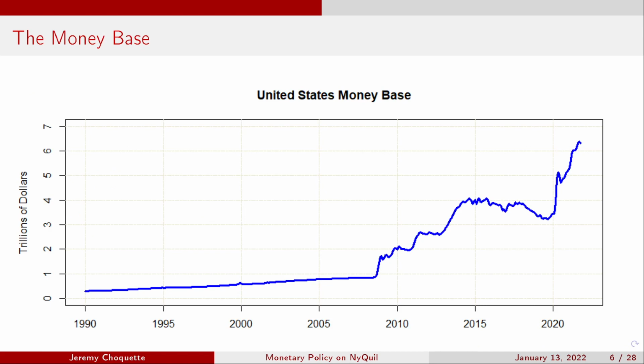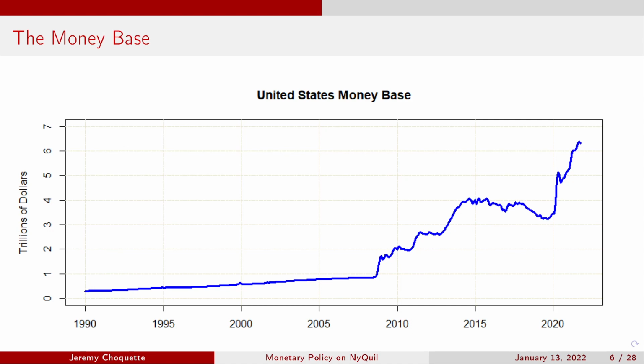Now, if we look at a time series of the money base from 1990 up to 2020, we can see that for the majority of the sample period, it has grown at a pretty nice, slow, steady pace. And then we can see there are these 4 distinct hump shapes following 2008.